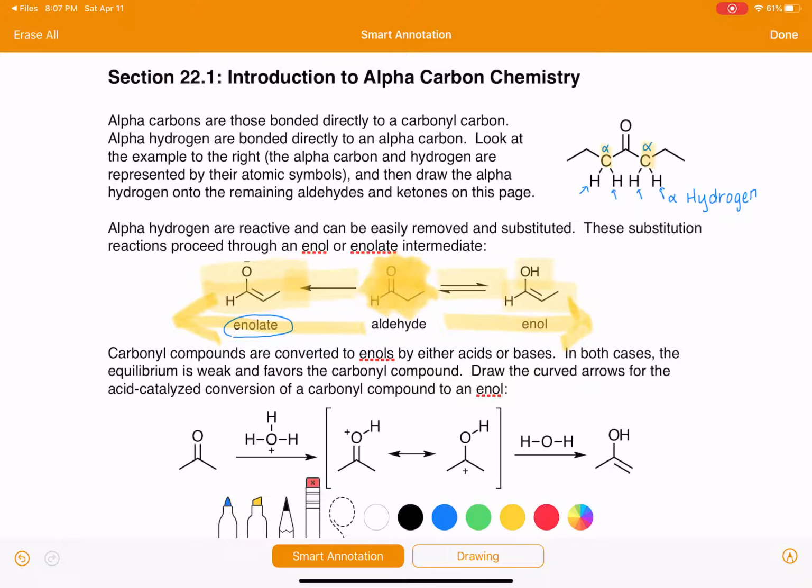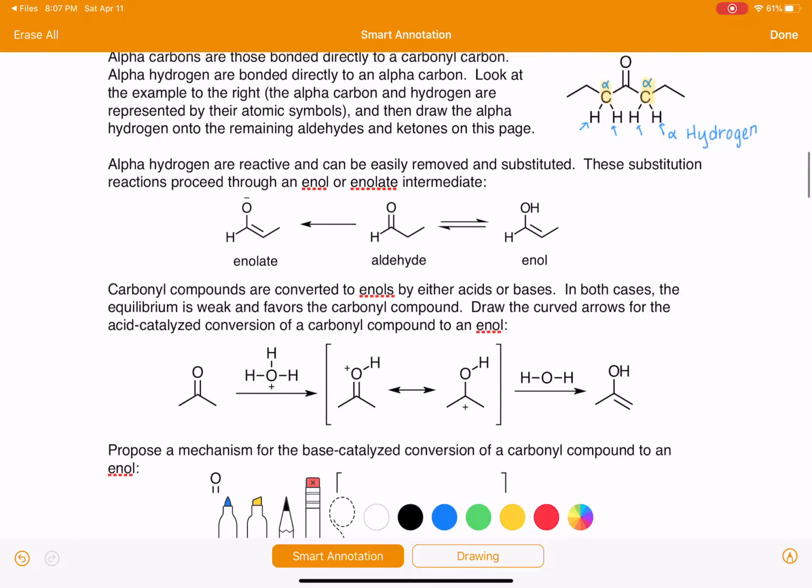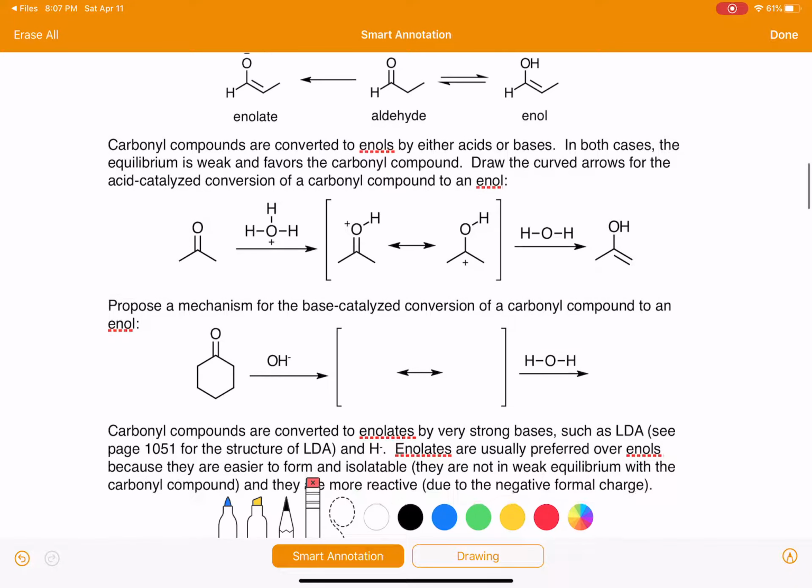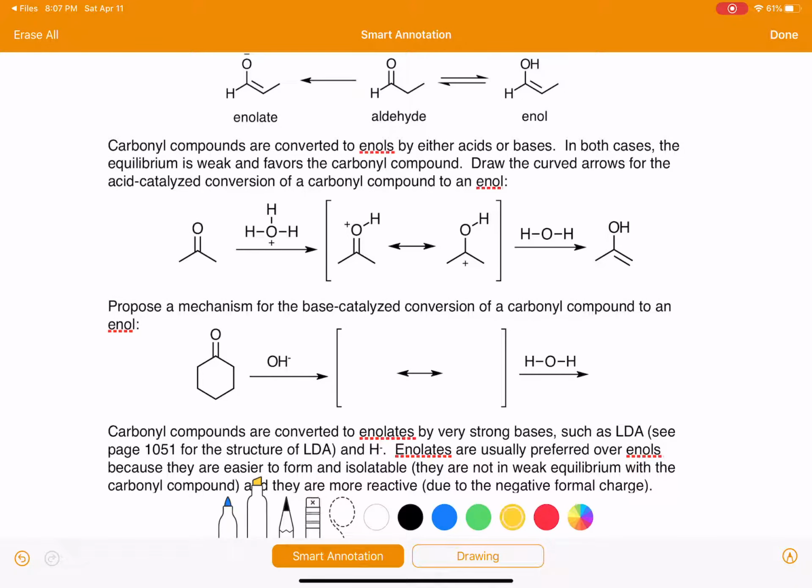So what we're going to do on this worksheet is look at how that type of conversion takes place. We can convert our aldehydes or ketones to an enol by either an acid or a base. So this could be an acid catalyzed or base catalyzed reaction. The first reaction that you're looking at right here is an acid catalyzed conversion, or it's being done in acidic conditions.